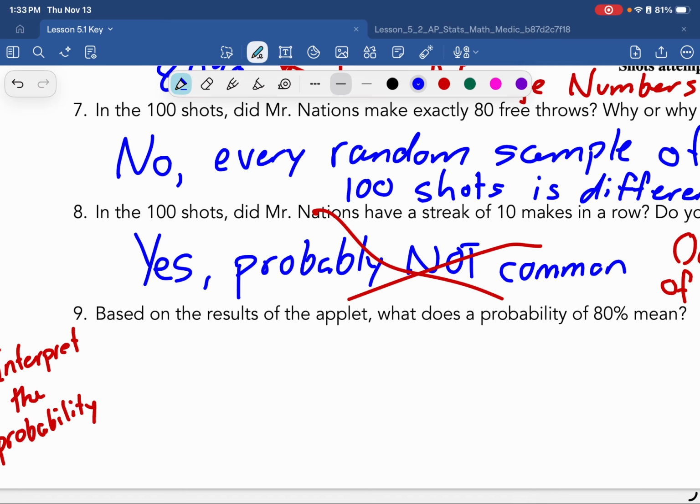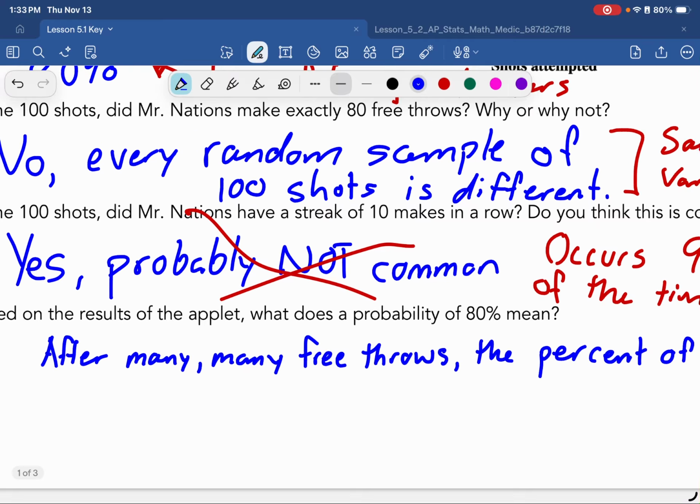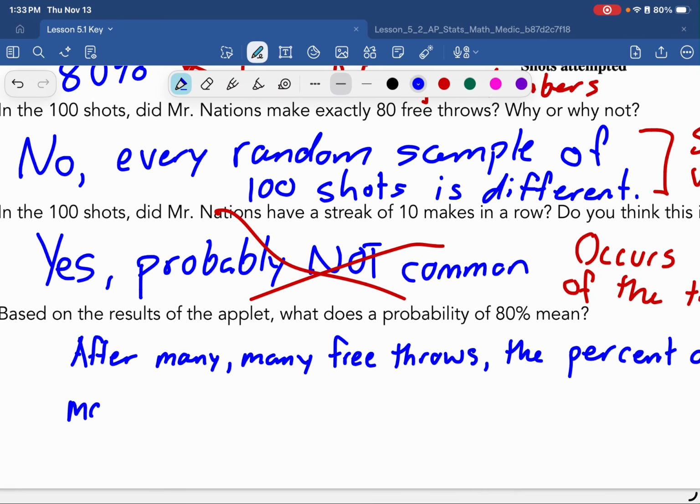Like, after many, many shots, or we can be even more specific and say after many, many free throws, the percent of makes will approach 80%.